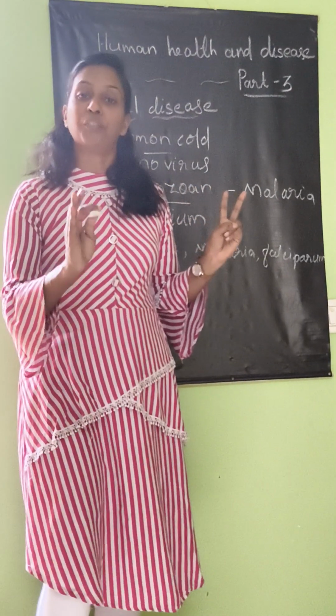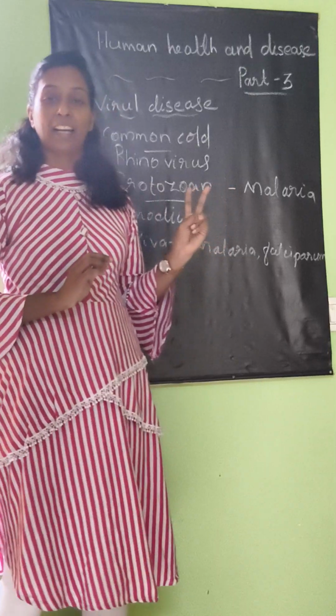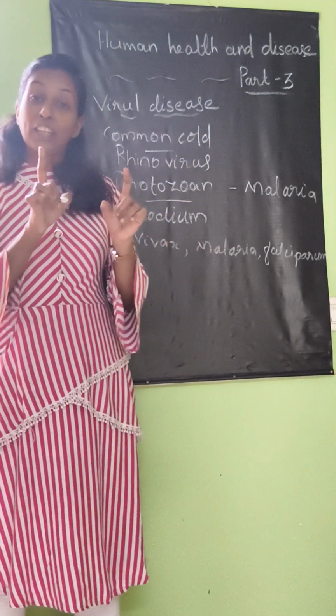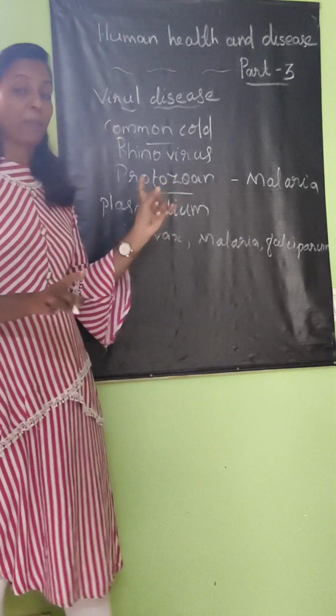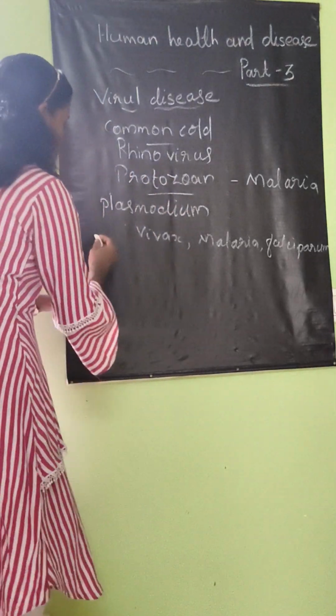The mosquito is the female Anopheles mosquito. So here we can understand, when an infected female Anopheles mosquito bites a healthy person, it injects the infective stage of plasmodium. It is called sporozoites.